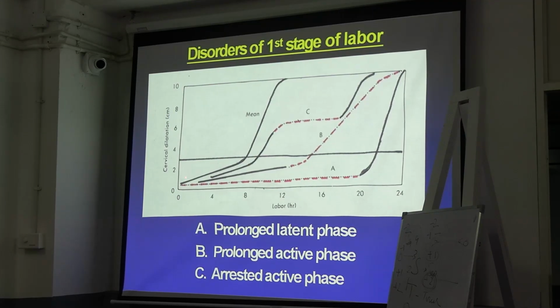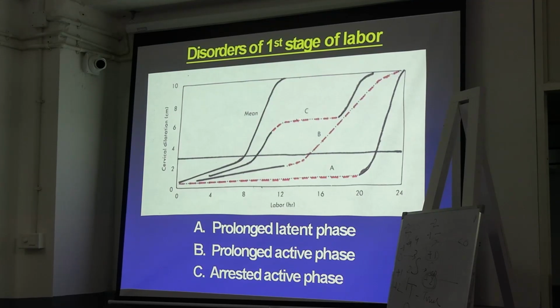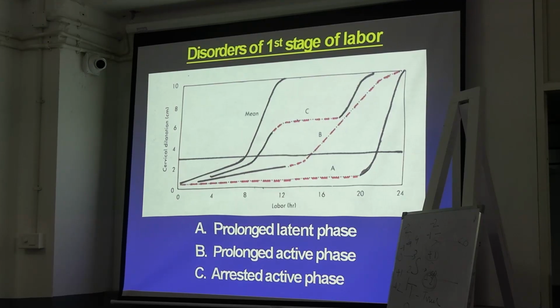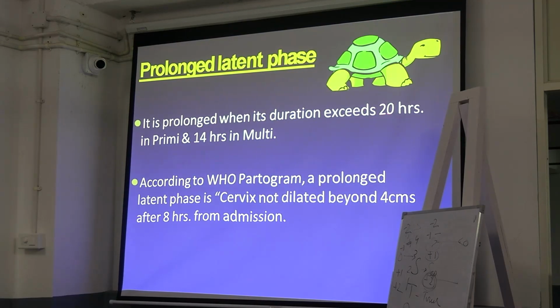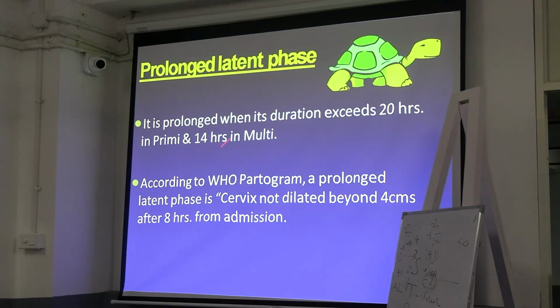And arrest of active phase is C. She is 4 centimeter dilated for like 4 continuous hours. That is arrest of the active phase. Prolonged latent means it exceeds 20 hours in primi and 14 hours in multi.